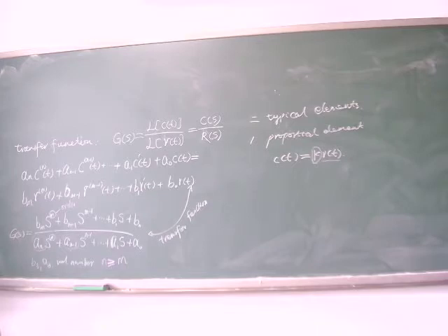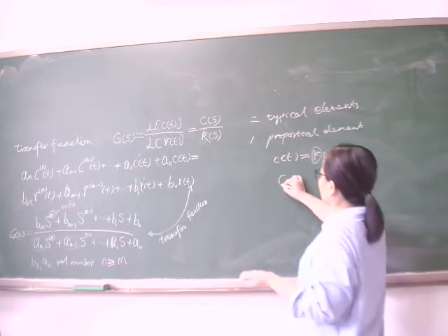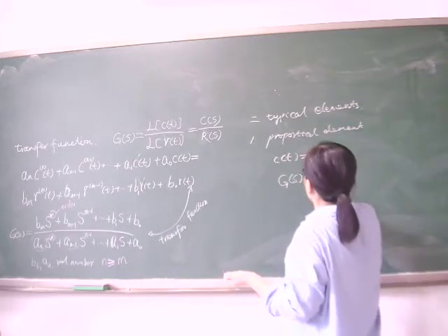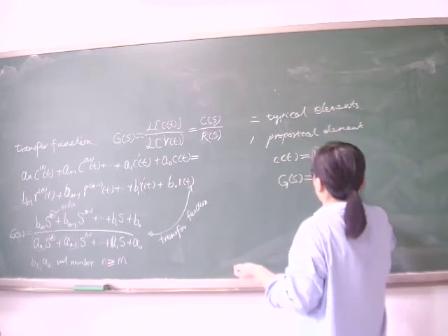The Laplace of c(t) is C(s), and K can be put forward, and also R(s). So the transfer function of this proportional element, C(s) by R(s), is K. So the transfer function of the proportional element is very simple, K.